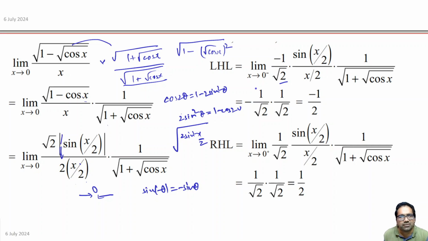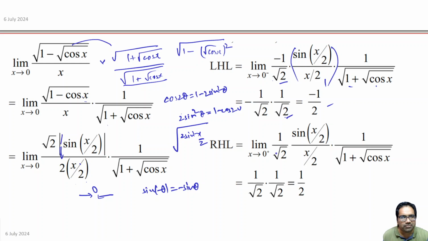When x tends to 0, the sine part tends to 1, and the other part is 1 plus 1, which is root 2. So basically minus 1 by root 2 into 1 by root 2, which is equal to minus half.